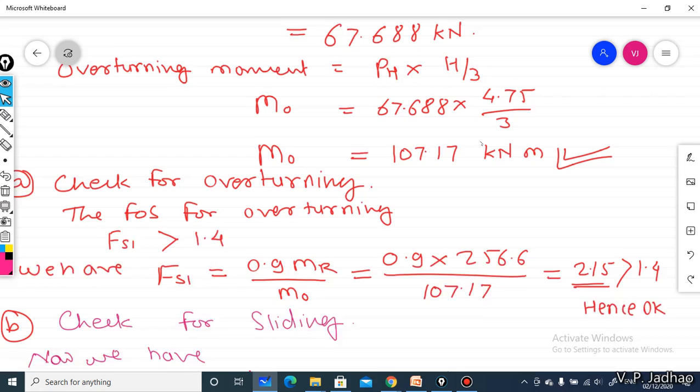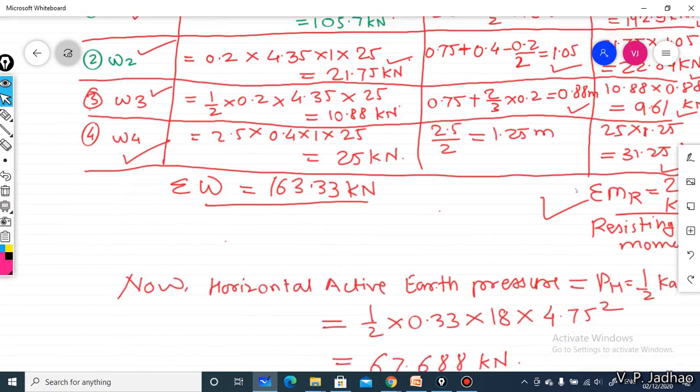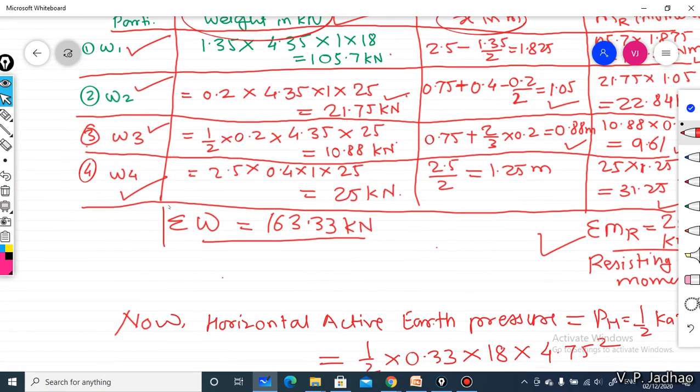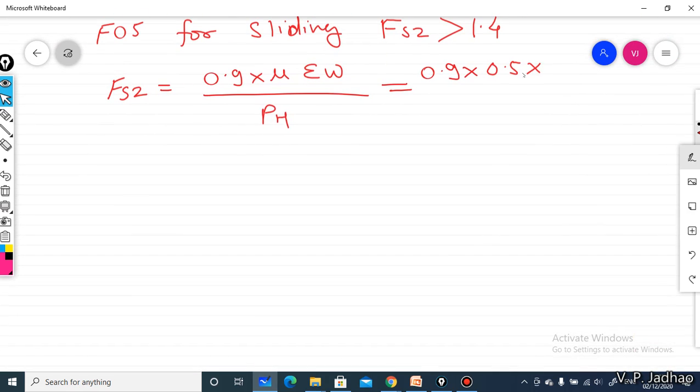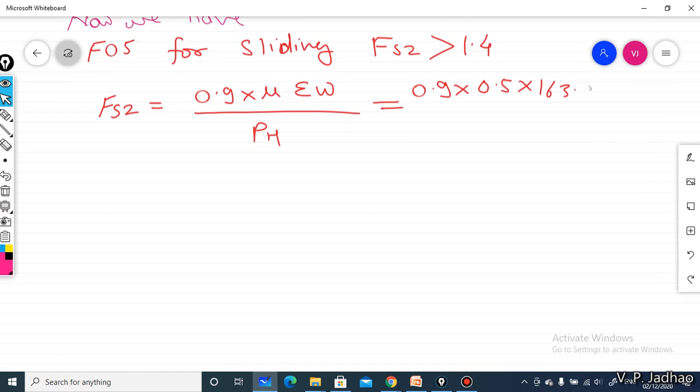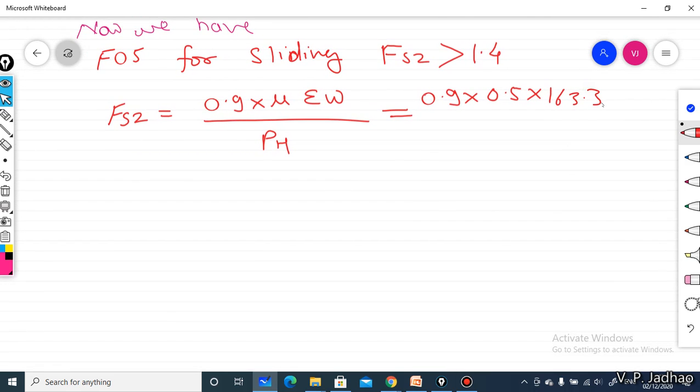We have already calculated the value of summation of all the resisting forces W in this particular step. Here summation of W was 163.33. Write down this value here, 163.33, divided by pH.